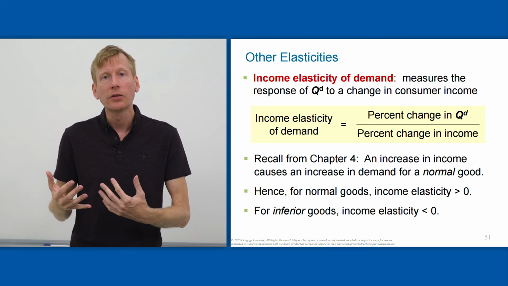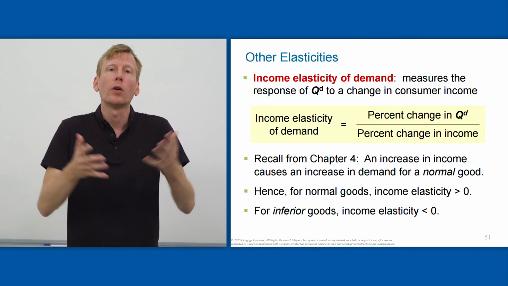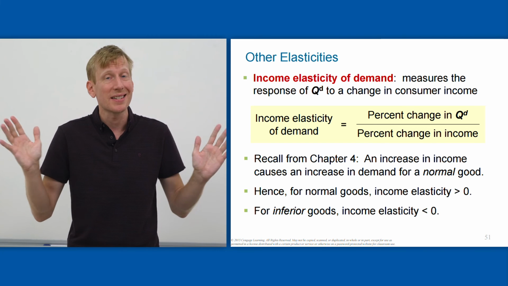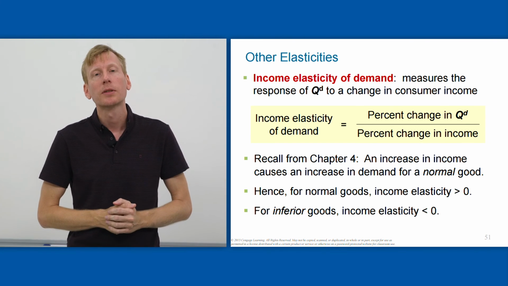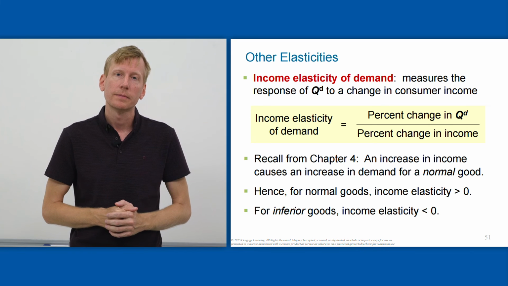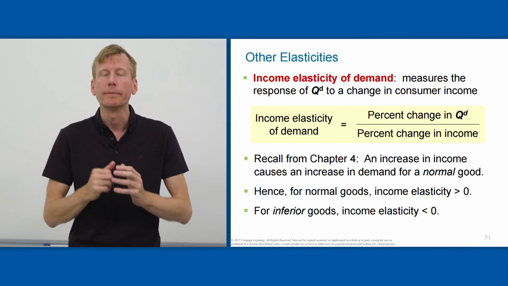And a 10% increase in income would allow a person to spend 10% more on all of the goods that they buy. So if the price does not change for these goods across the board, they should on average be able to purchase 10% more. So a typical income elasticity would be 1.